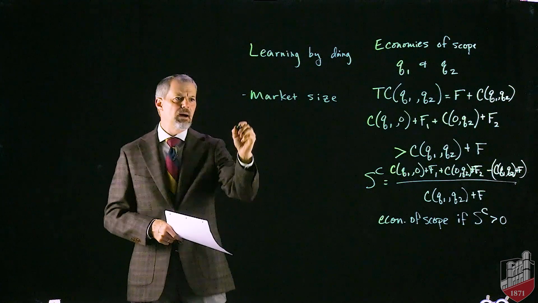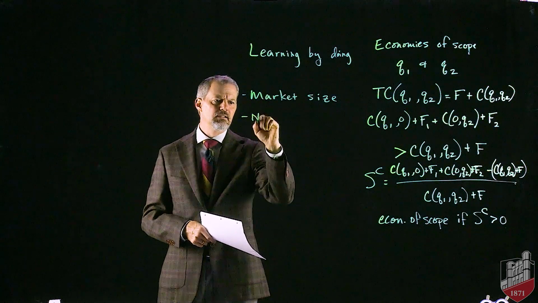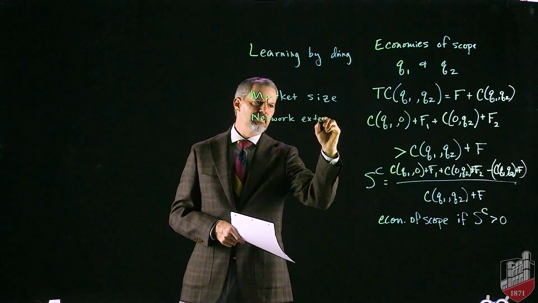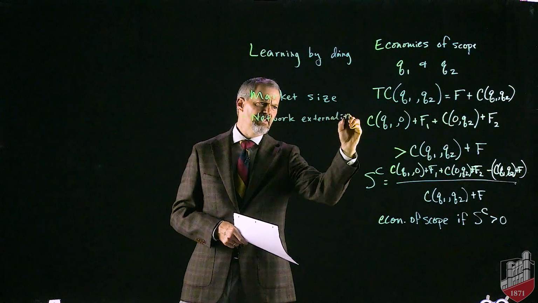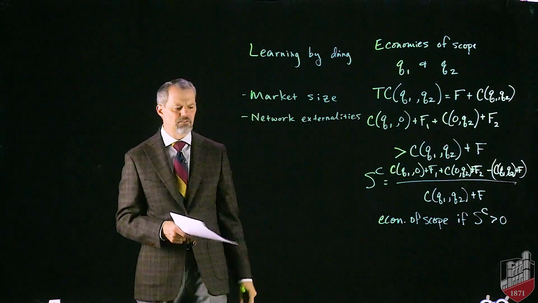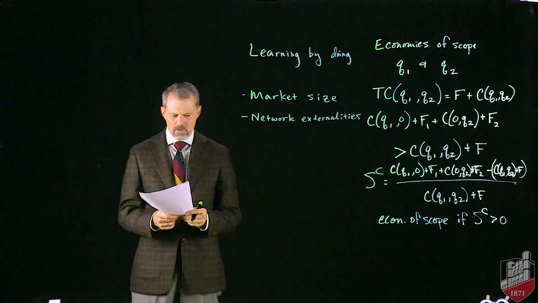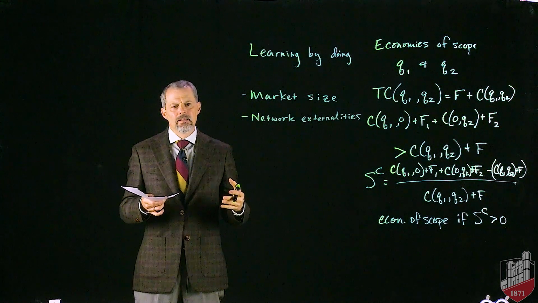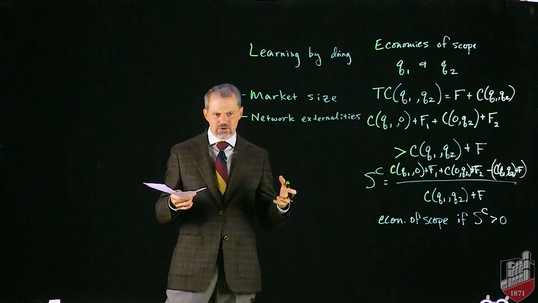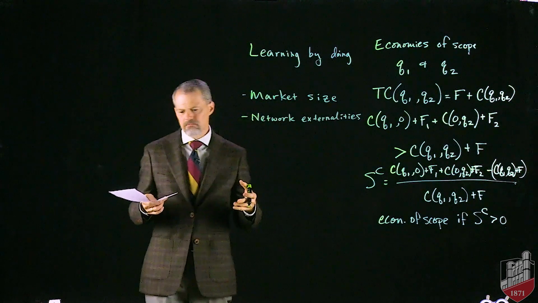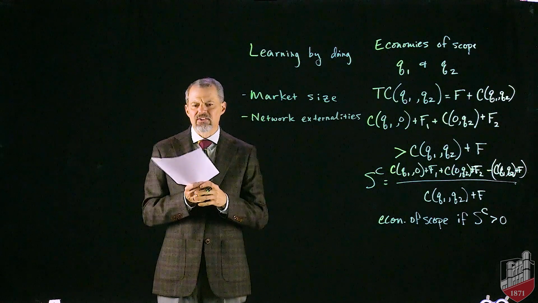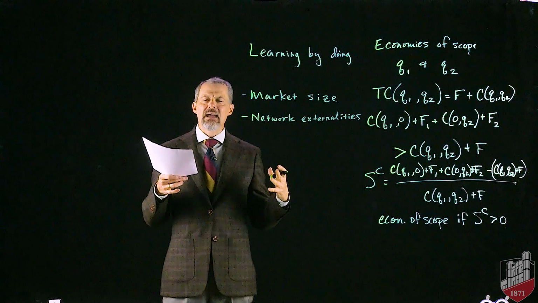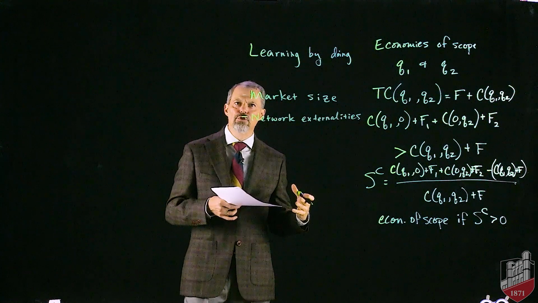We can also think about network externalities. This is a situation where the size of the network impacts consumer willingness to pay. There are some services where the magnitude of the network makes it more or less usable.